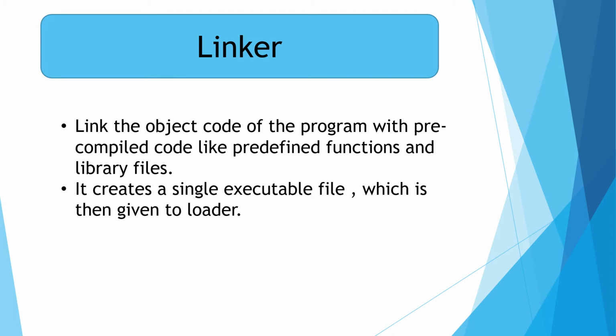The linking is done by the linker once the object code is created. After creating the object code, the library files or the code of those pre-compiled functions are linked with the current program, and the whole object code is generated by the linker. It creates a single executable file which is then given to the loader.